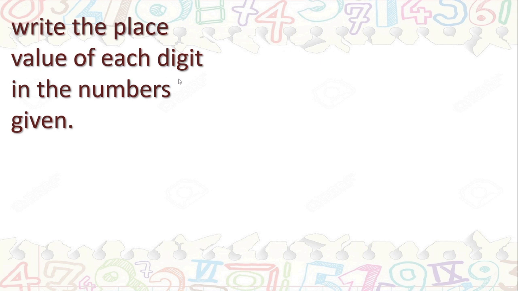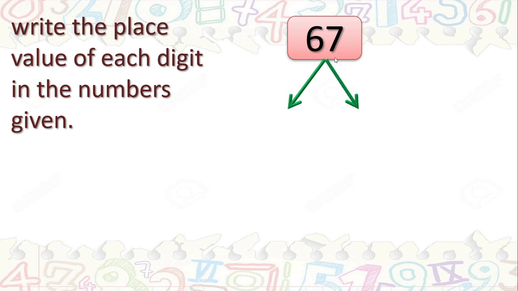Write the place value of each digit in the numbers given. 67 is given. You know that 7 in unit place and 6 in tens place. So the value of 6 is 60 and the value of 7 is 7, right?